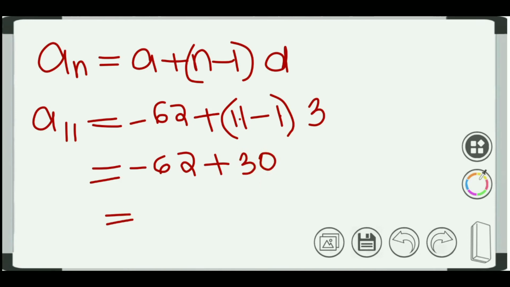So -62 plus 30 is -32. So the 11th term from the last term is -32. Just reverse here, that's all.